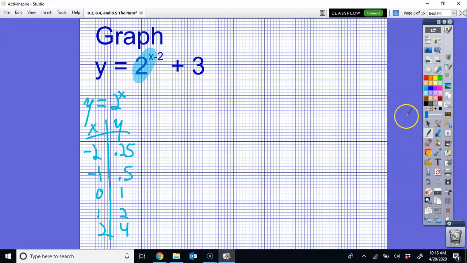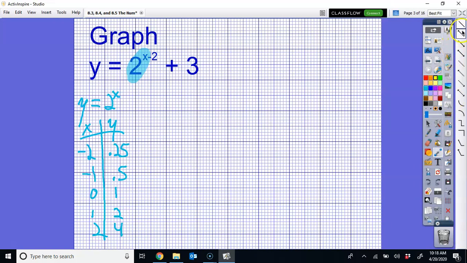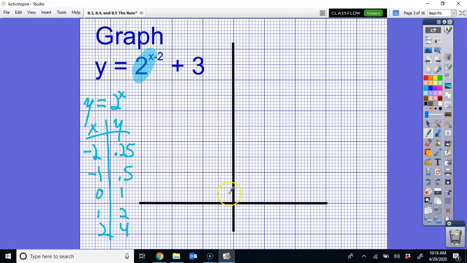It'll work. So if I go to plot those points on the graph, I'm going to actually use the big darker marks for my points. That way it'll make it a little bit easier to see.